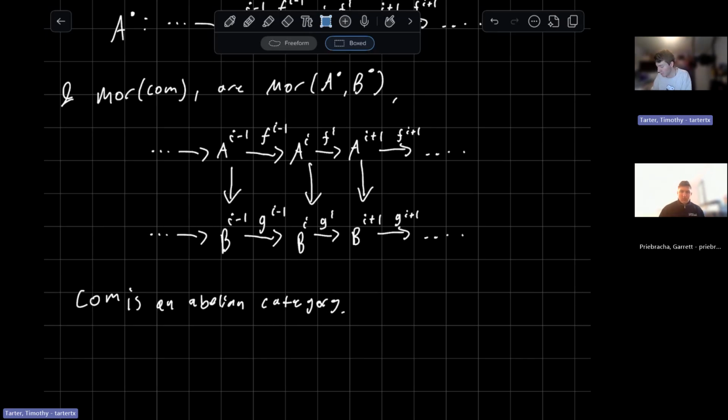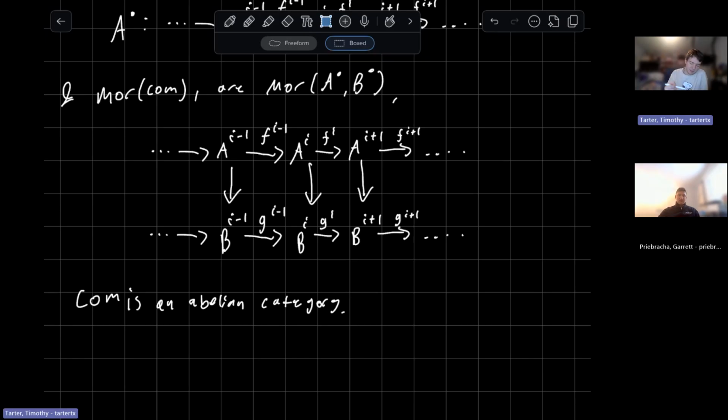We want to show that every morphism has a kernel and a co-kernel. Every monomorphism is the kernel of its co-kernel, and every epimorphism is the co-kernel of its kernel. Lovely. Most of these are actually pretty easy.